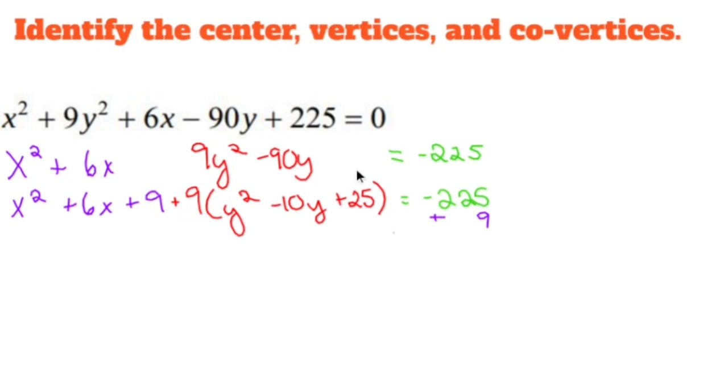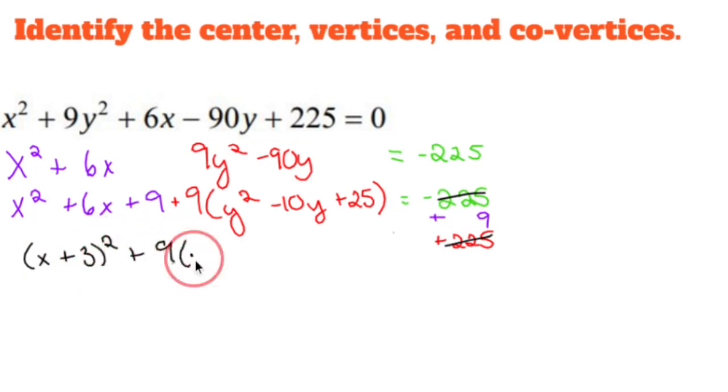So if I'm going to add something to both sides, I'm adding 9 groups of 25, which is 225. Tricky, tricky, tricky. But what that leaves me with is x plus 3 squared plus 9 parentheses y minus 5 squared equals 9.